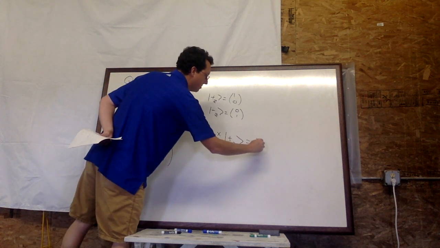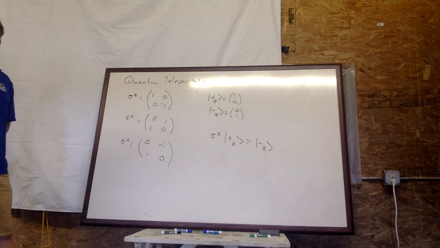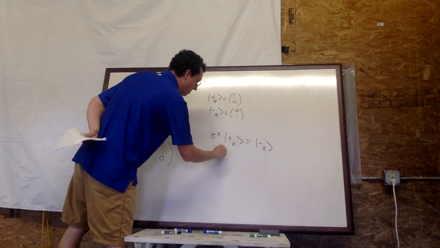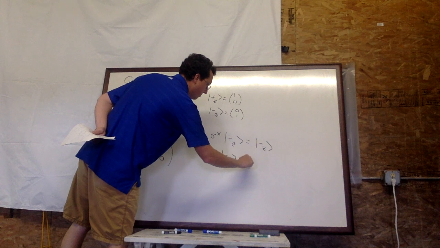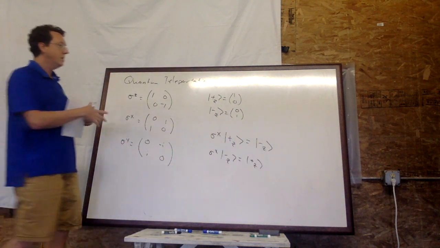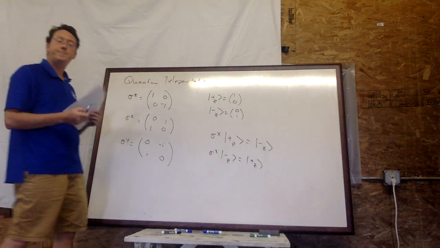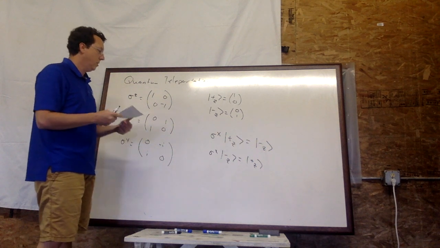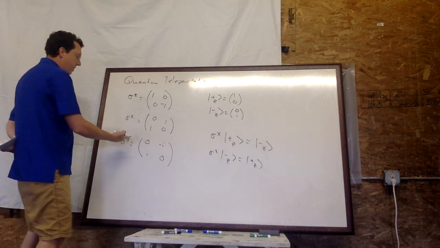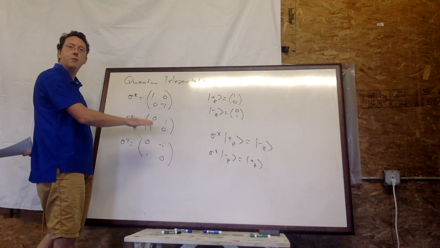It becomes the down state. Similarly, sigma x on minus z equals the plus state. So sigma x just flips them, up to down, down to up. We're not going to use it, but you could do something similar: sigma y also flips them because it's off diagonal, but you get minus i's and i's everywhere.